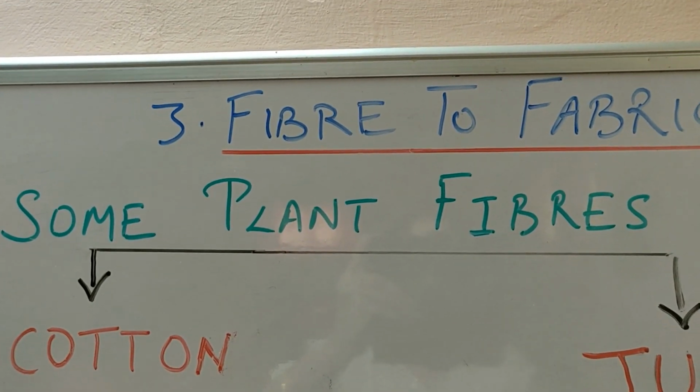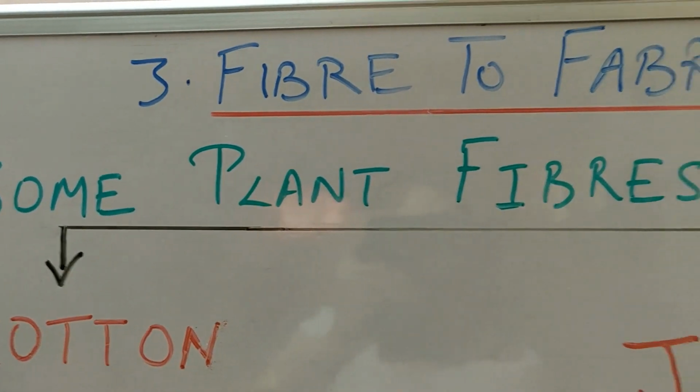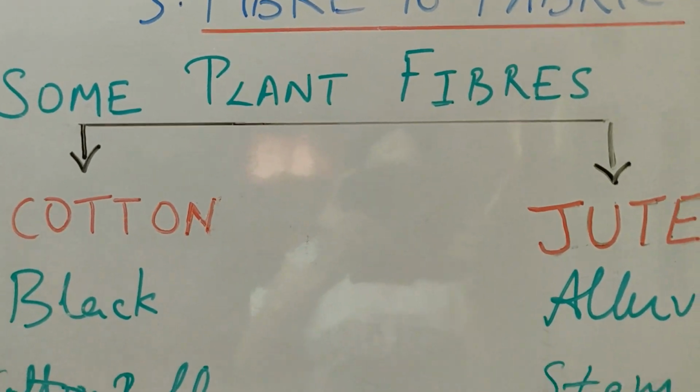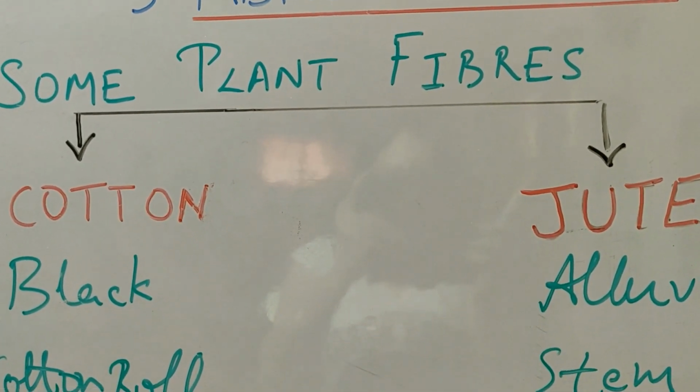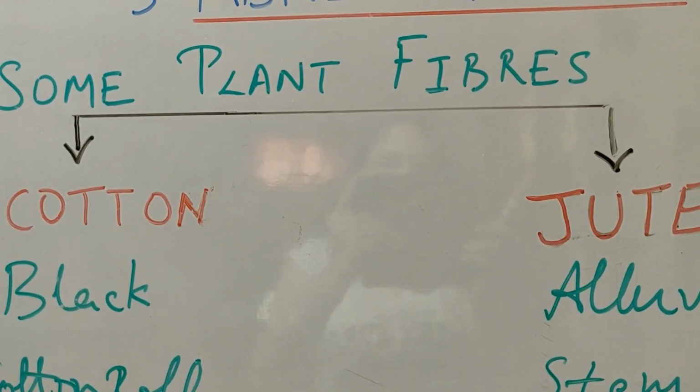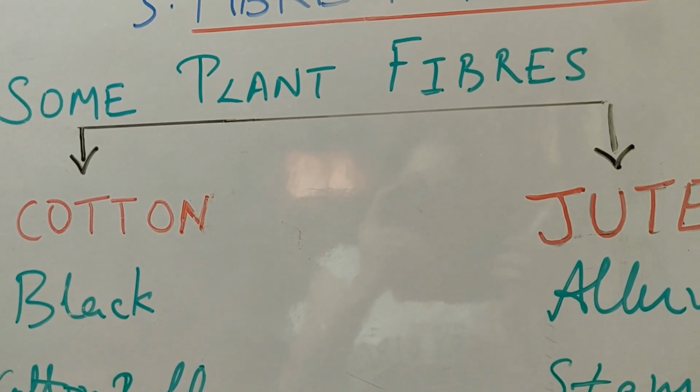Some plant fibers which are mainly given in your NCERT book are cotton and jute. So mainly we are covering here these two plant fibers, that is cotton and jute. Now cotton and jute are both plant fibers and they grow in the soil.